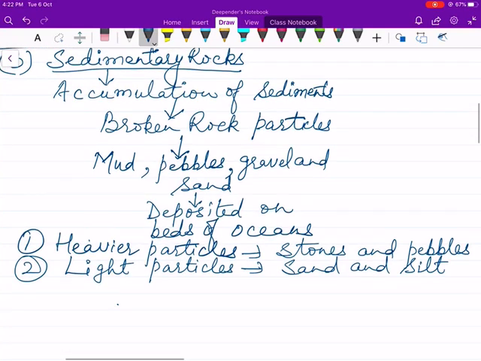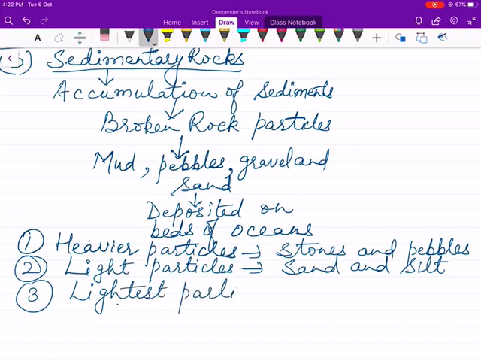And if we come to the third one, that is the lightest particles. These lightest particles include clay, which settles down finally.